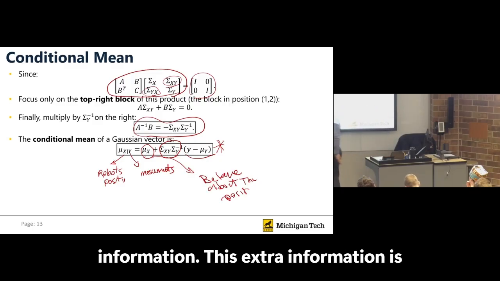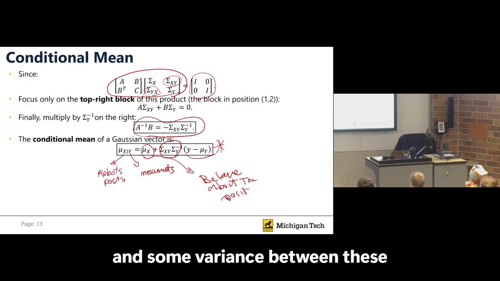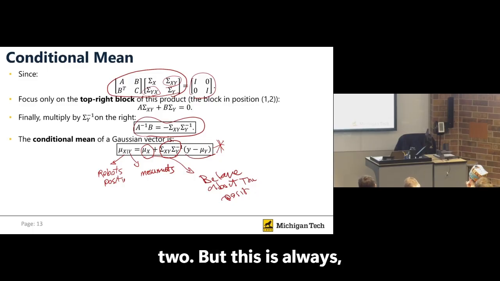This extra information is related to y and mu y, and some variance between these two.